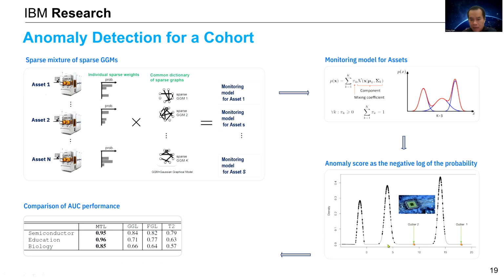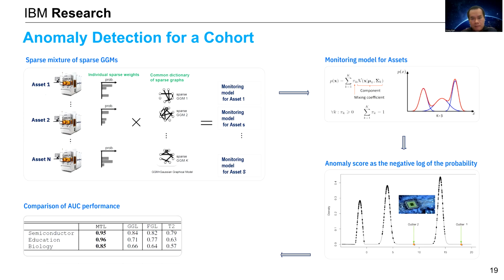And at some point here, it can get the low abnormality score. So we can see that it is normal. When we compare our method with the baseline method, as I said, because we can customize the individual model for each asset, and also can handle the multimodality, for that reason it can have a good performance when we compare to the baseline method.